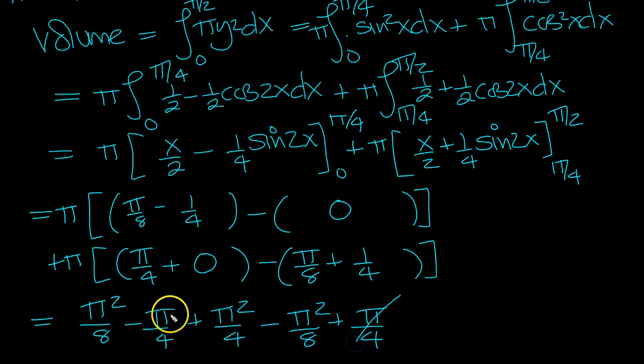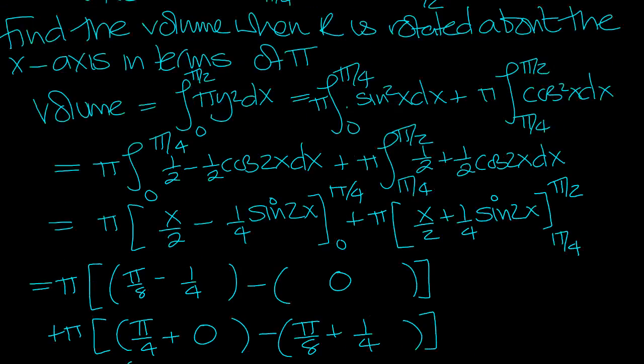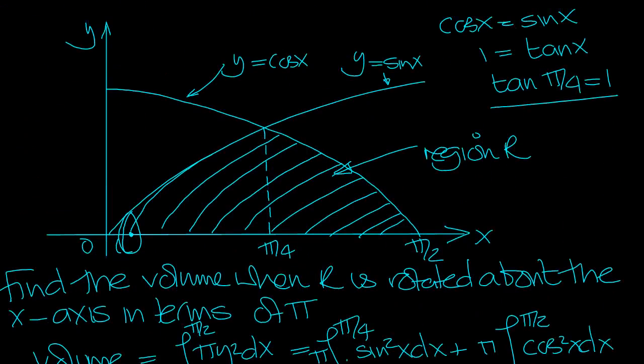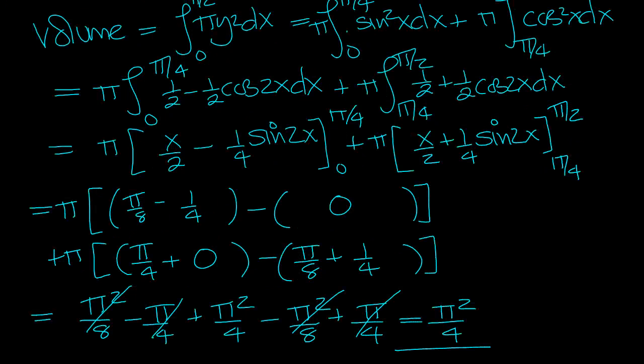So this cancels with that one, and it just leaves pi squared over 4. And there's our answer. Now it said find in terms of pi, so it's pi squared over 4.